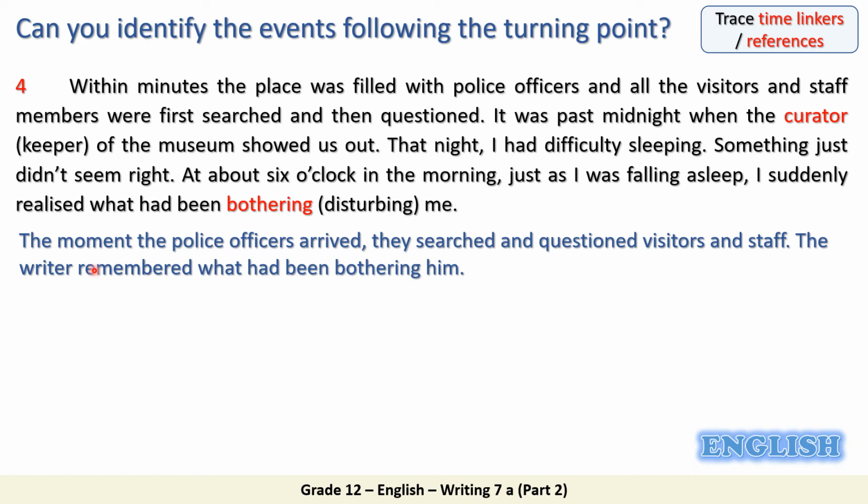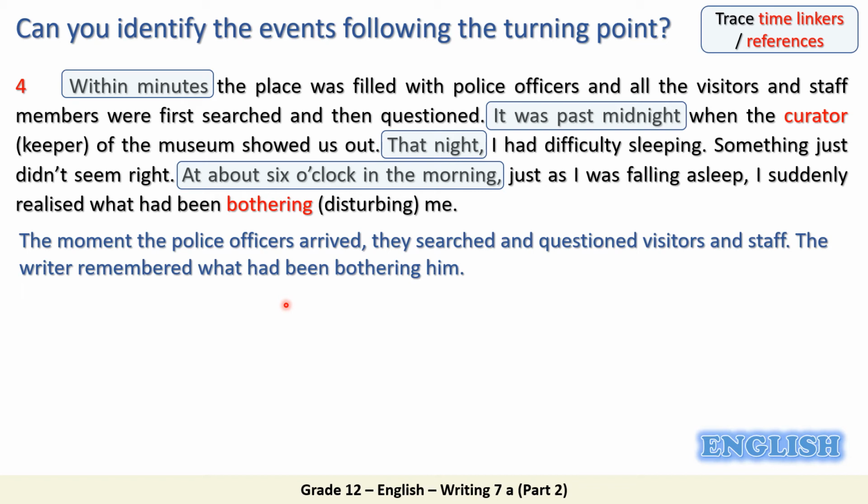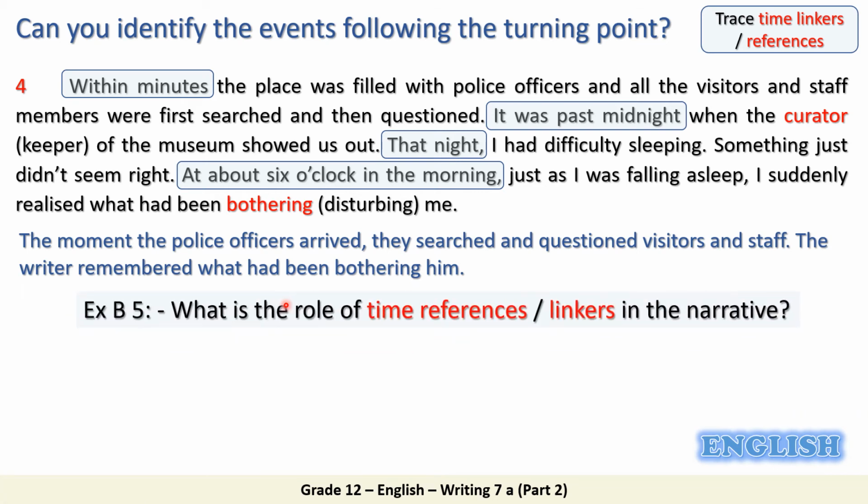Indeed, the moment the police officers arrived, they searched and questioned the visitors and staff. These are the events following the turning point, right? The writer remembered what had been bothering or disturbing him. And this is, yes, exactly, time linkers and time references, right?